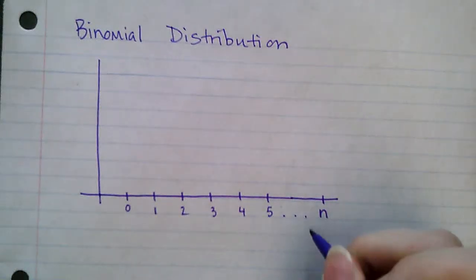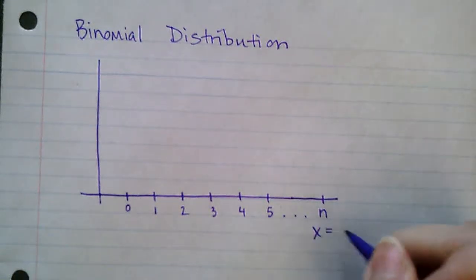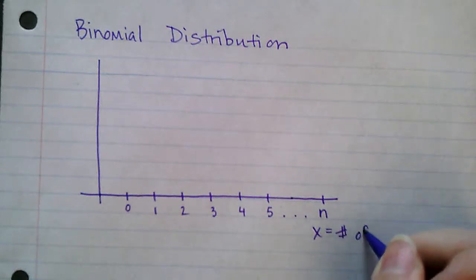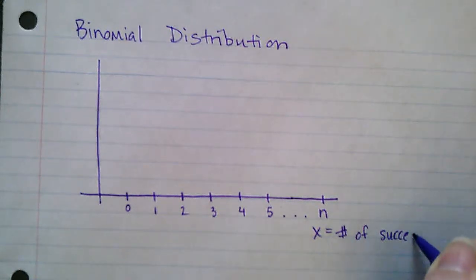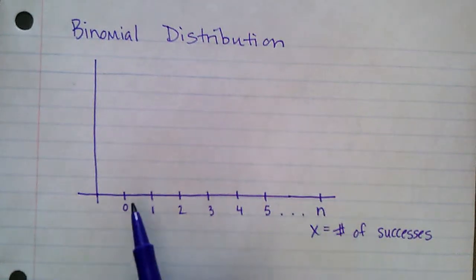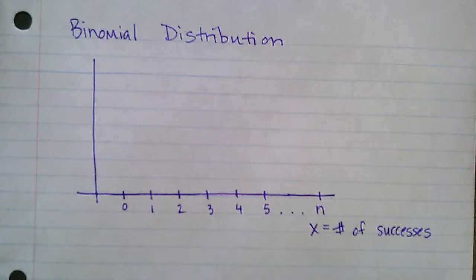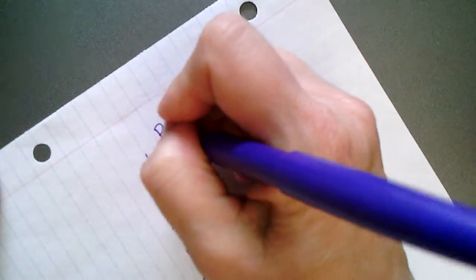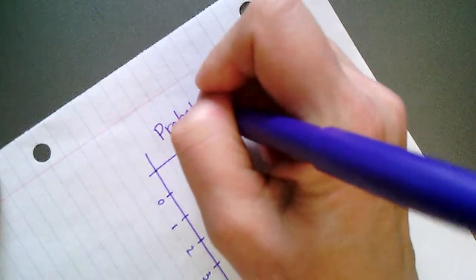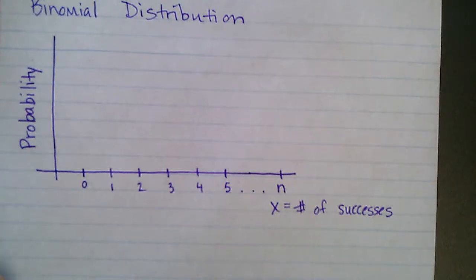So the horizontal axis is x, which represents the number of successes. If I have 10 trials, then it will go from 0 all the way up to 10. Then along the vertical axis, we're going to have probability, like we did in our other probability distributions.